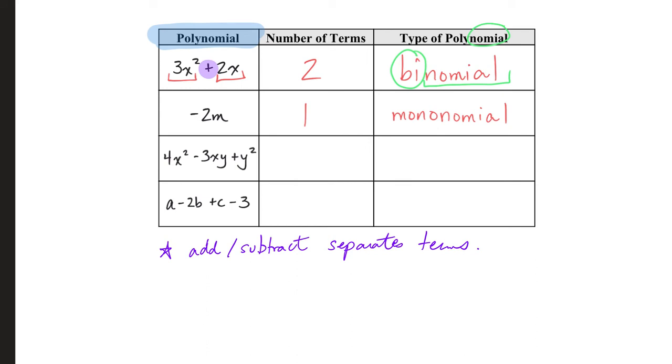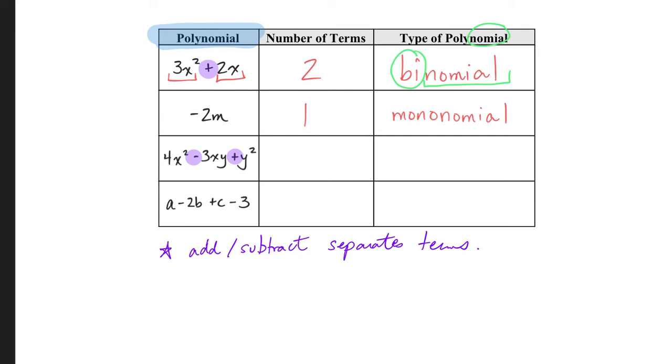Okay, let's take a look at that third column, the third row. Now what you do is you take a look and you say, okay, can I see any add or subtract symbols? So you scan your way across, and you notice that you have a subtraction here and an addition here. Add and subtract, separate terms.